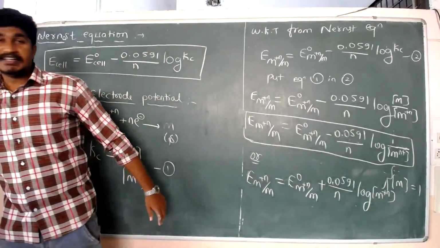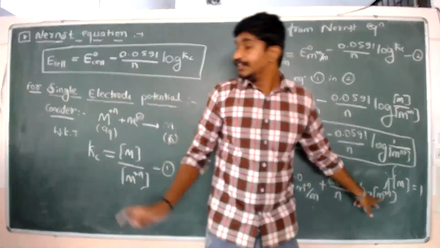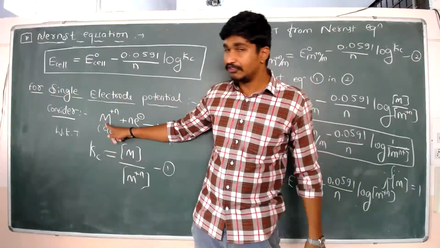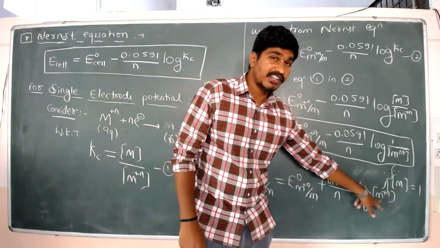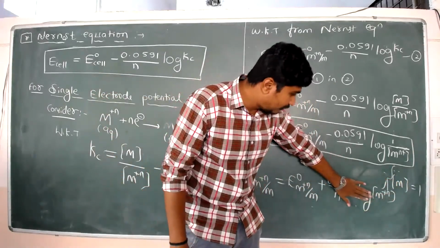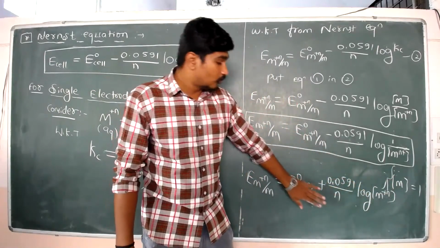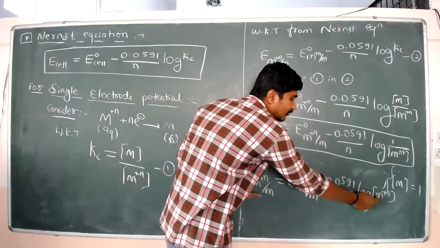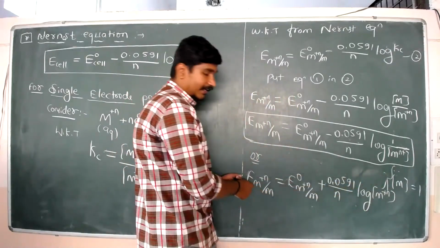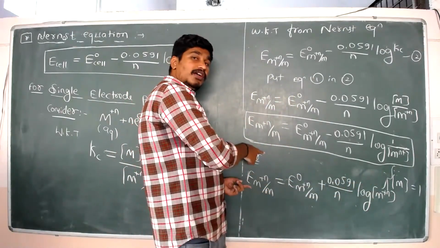When you increase the concentration of the metal ion in the reaction, if you increase the concentration of the metal ions, this total value increases. When you add to this one, the total answer will increase. So when you increase the concentration of the metal ion, indirectly the electrode potential also increases.